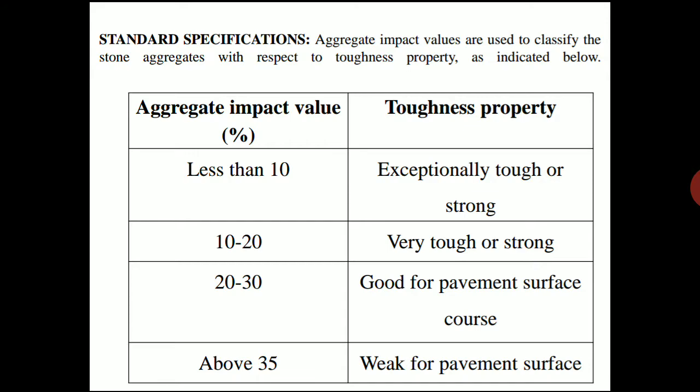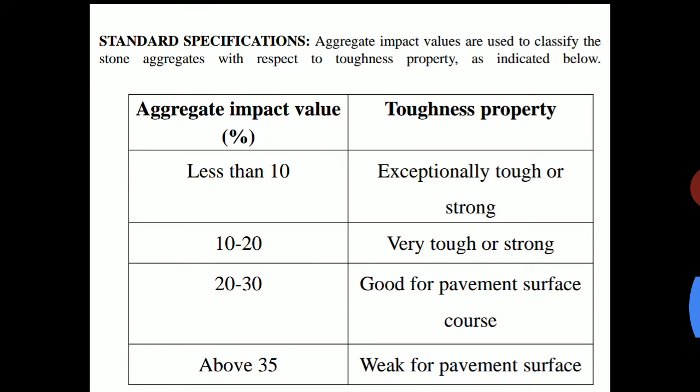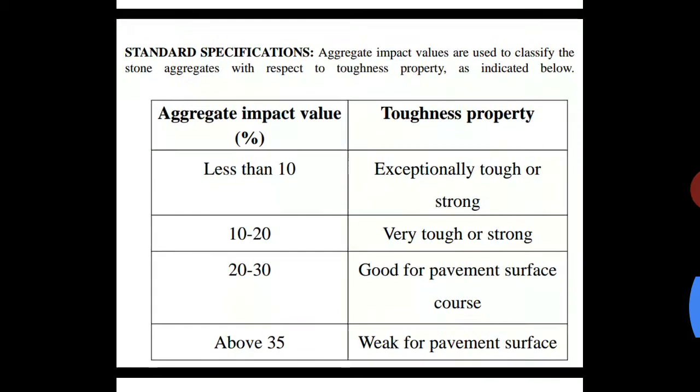If it lies between 20 to 30%, then it is good for the pavement surface course, and if it is more than 35%, then we can conclude that these aggregates are weak for the pavement surfaces. So like this we can give the standard specifications for the road aggregates.